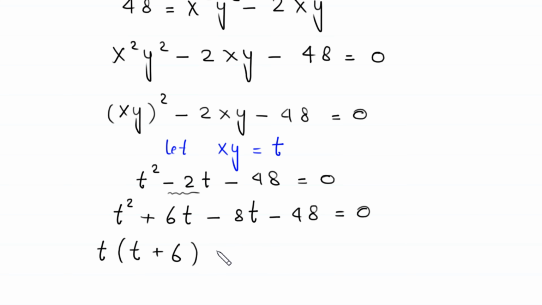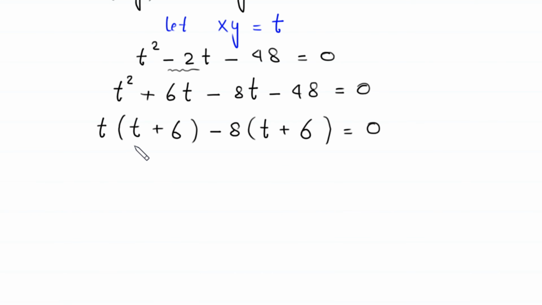From these two terms we can factor out negative 8. In bracket left t plus 6 is equal to 0. And this t plus 6 is a common factor, so we factor out this t plus 6. And in bracket left t minus 8 is equal to 0.